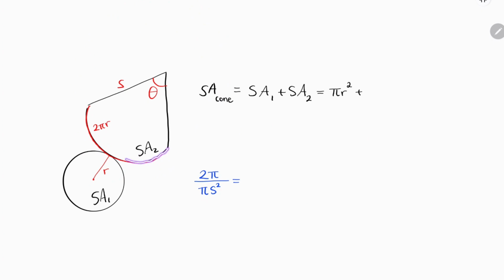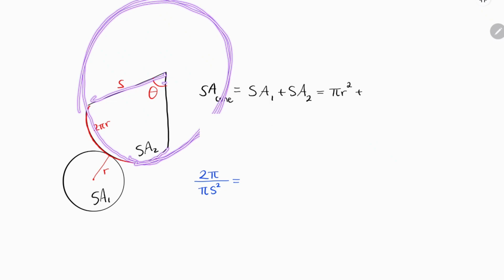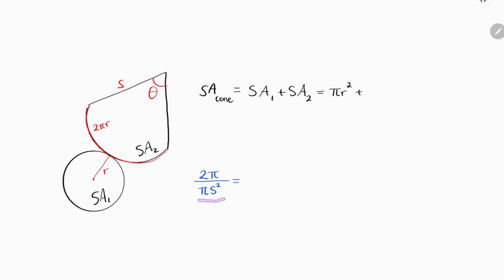If we imagine the entire circle where s is the radius of this larger circle, then 2 pi radians corresponds to the area of the entire large circle, which is pi s squared. That is equal to the angle theta corresponding to the area of the sector, which is SA2. The problem is that we have two unknown variables, theta and SA2.